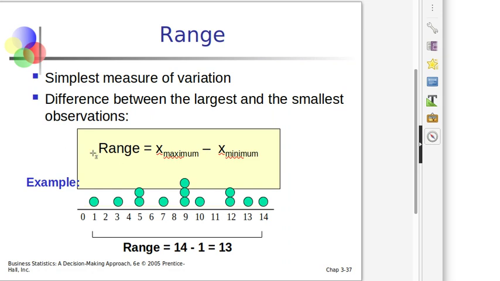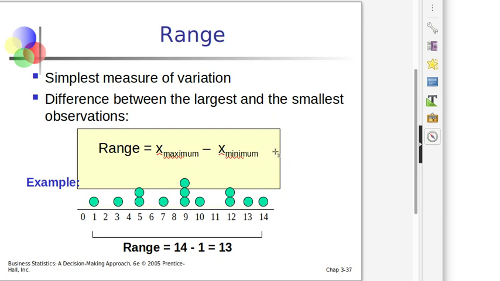You have this in lab exercise 1, where I asked you to identify the youngest author and the oldest author, and to take the range of ages of the authors, which is the age of the oldest author minus the age of the youngest author.